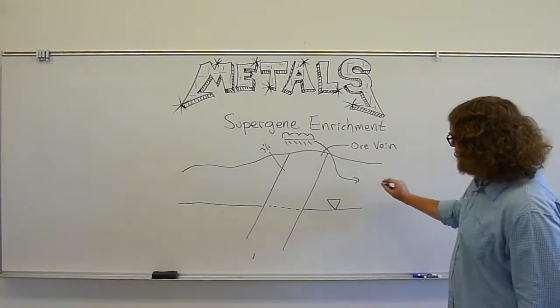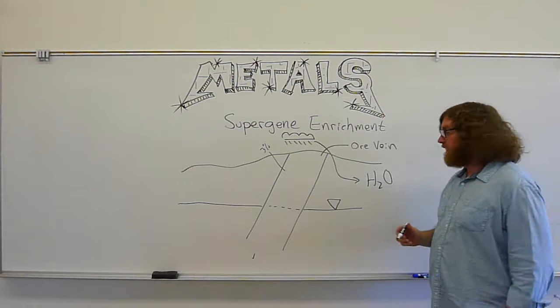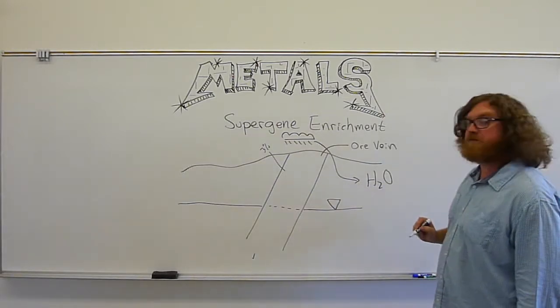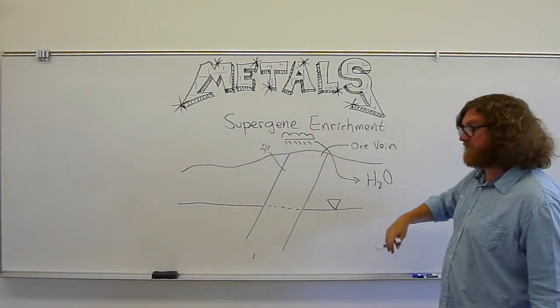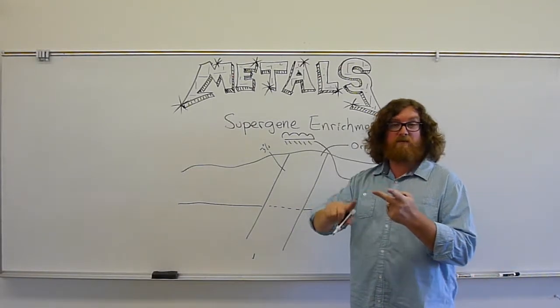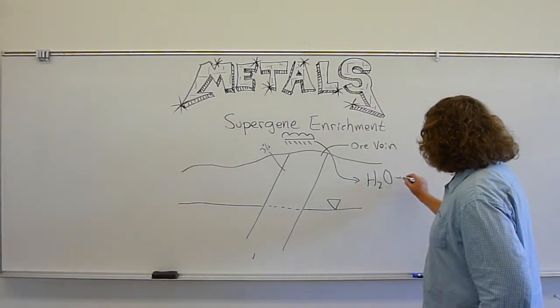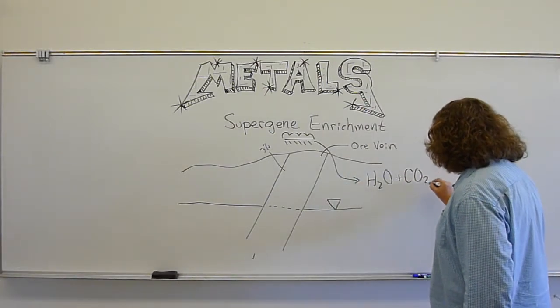So let's look at the chemistry here. H2O, right? Another thing that this will interact with as it passes through the atmosphere, remember the atmosphere is mostly nitrogen, about 20% oxygen, but in third place is this funky little guy, CO2.